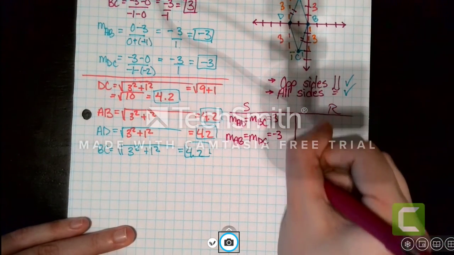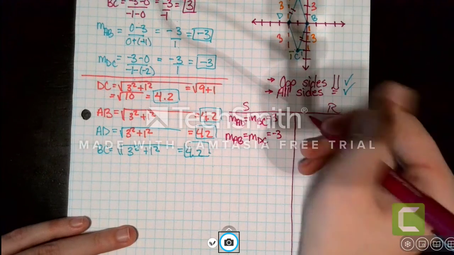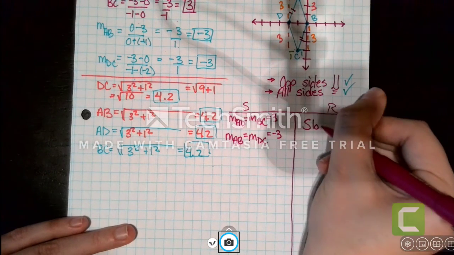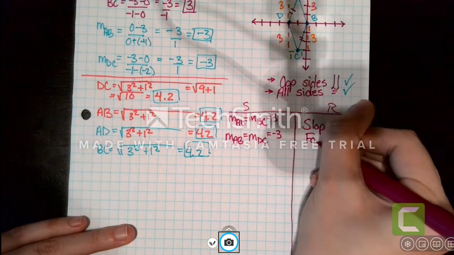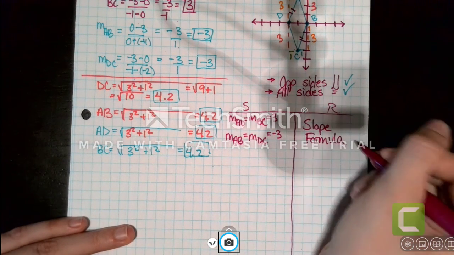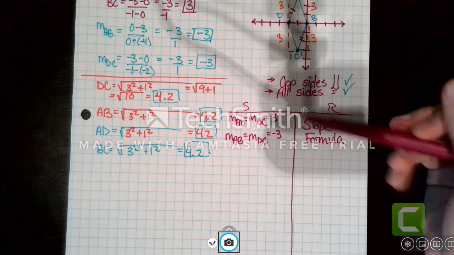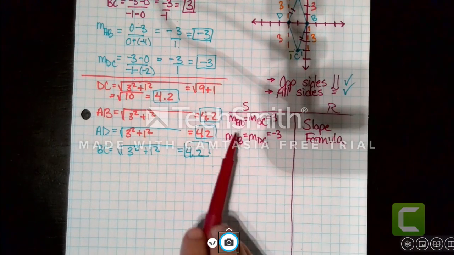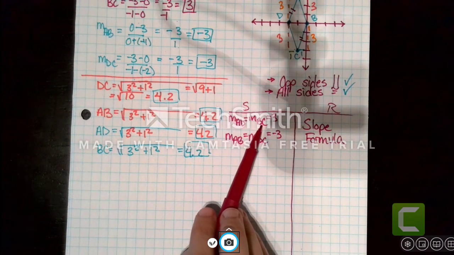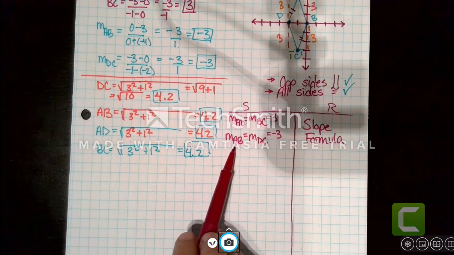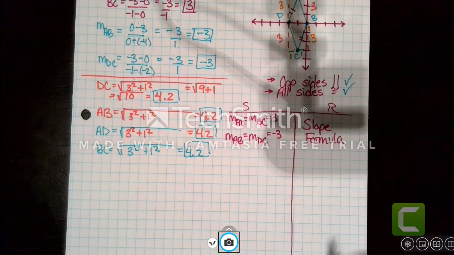And again, if you're using a specific formula, your reason has to be the name of that formula. In this case, the slope formula. Now, since these slopes are equal for each different side, we can claim that AD is parallel to BC and that AB is parallel to DC.